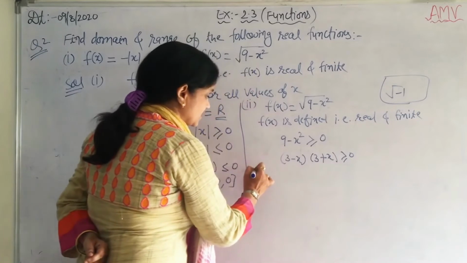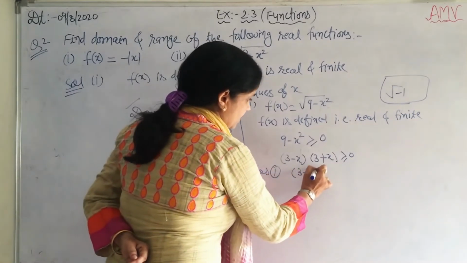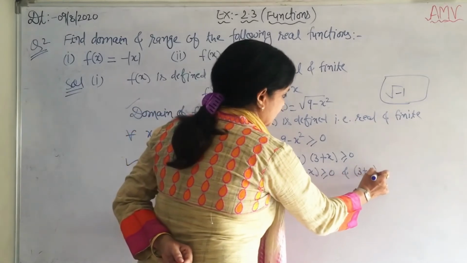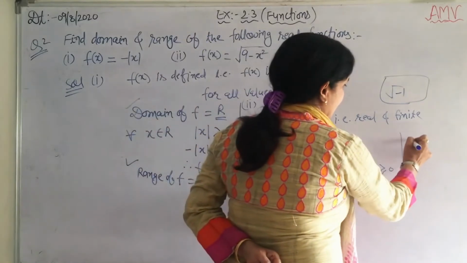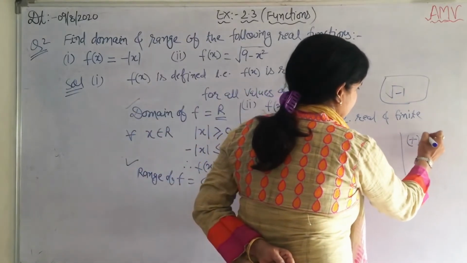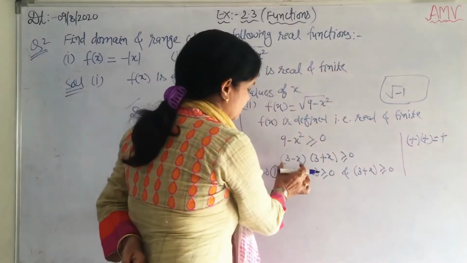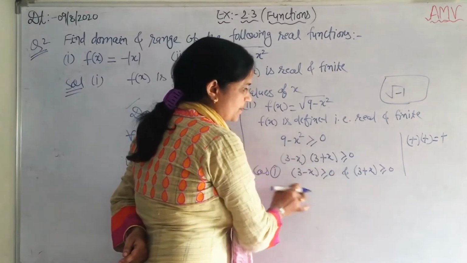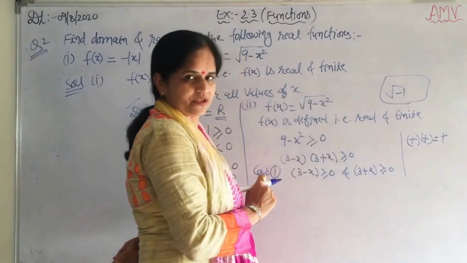There are two cases, students. Case first, that 3 minus x is greater than or equal to 0 and 3 plus x also greater than or equal to 0. Since if we multiply plus and plus, then you will get a positive value. Okay, it means if both factors are positive, then you will get the answer also positive.